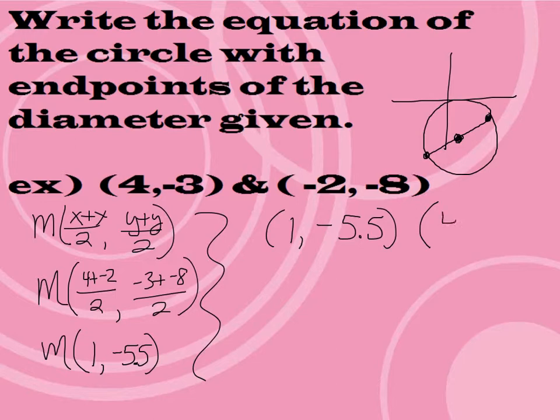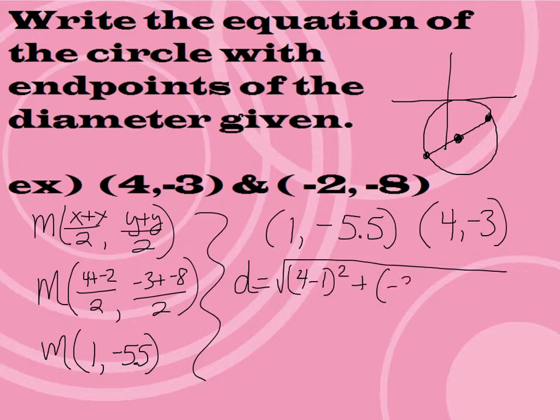I'll go ahead and use the 4, -3. And I'm doing the distance between those. So distance equals the square root of (x minus x) squared plus (y minus y) squared, plus, okay, so this ends up being plus, here I end up with -3 plus 5.5 is 2.5, squared is 6.25.